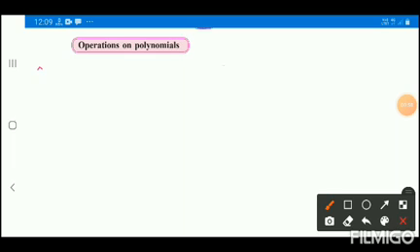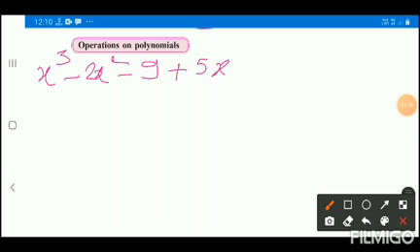I will write one example here: x cube minus 2x square minus 9, and we have to add another polynomial to that, so between these two polynomials we write the plus sign, plus 5x cube plus 2x plus 9.